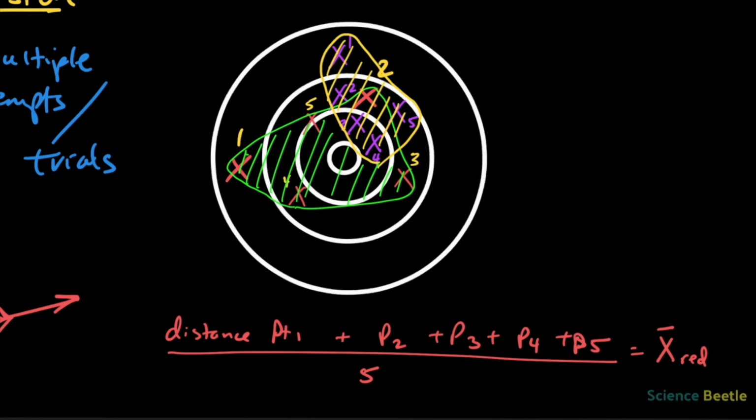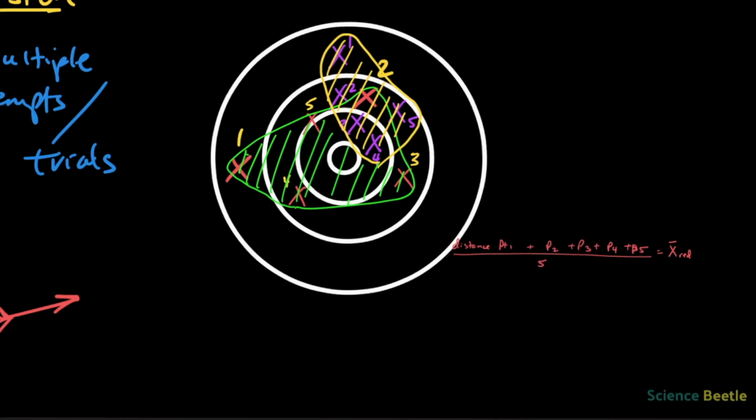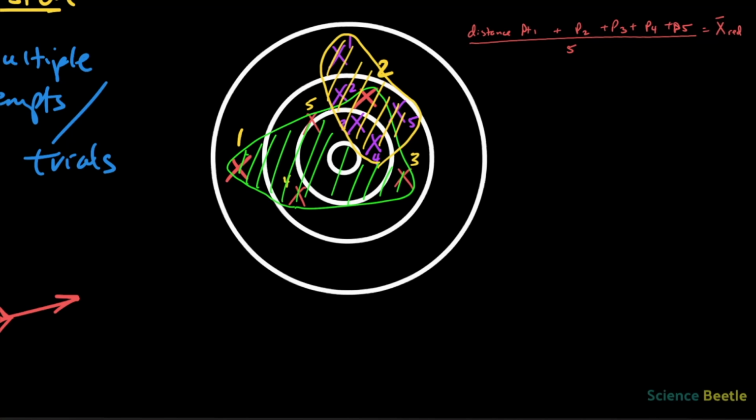We can do the same thing here for the purple and make those changes. And so let me see if I can move these over here to the side. We can bring that up there. And if I repeat the same process here for the purple, so here we would have the distance for point 1 in purple, point 2, point 3, point 4, and point 5.